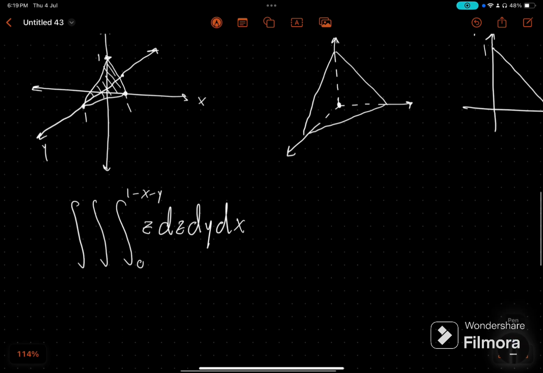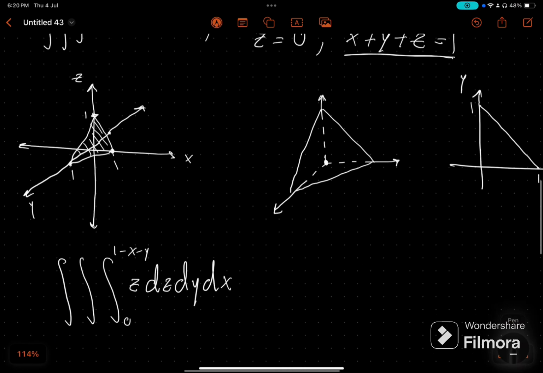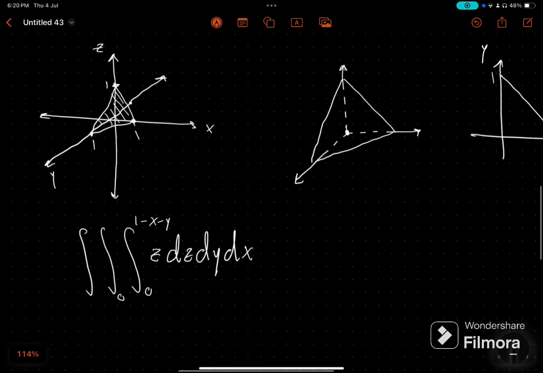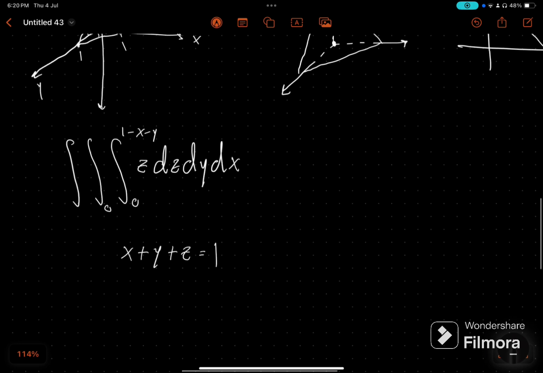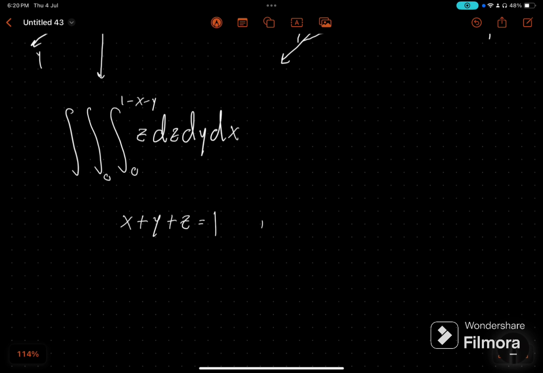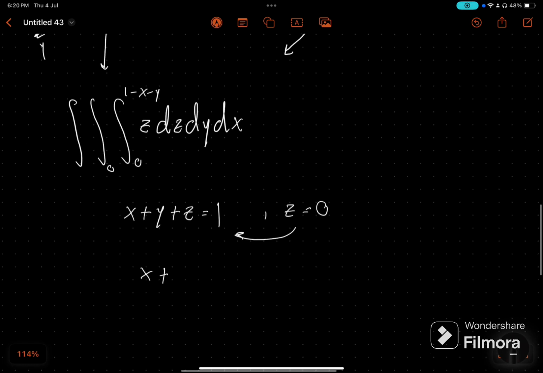Now let's do it for y, and y starts at 0, okay, and then if we have x plus y plus z, which is basically the function that we are drawing, and then we substitute z equals 0 into it, we get x plus y equals 1, which gives us y equals 1 minus x.